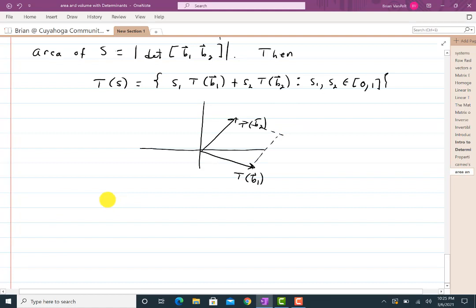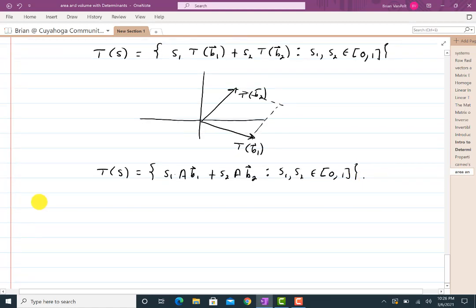Or in any case, T of S, another way we can write it is S1, instead of T of B1, I can call it A B1. Remember, matrix A was the standard matrix for this linear transformation. All right, so there's T of S. Its area.